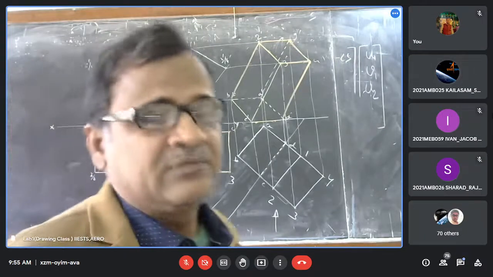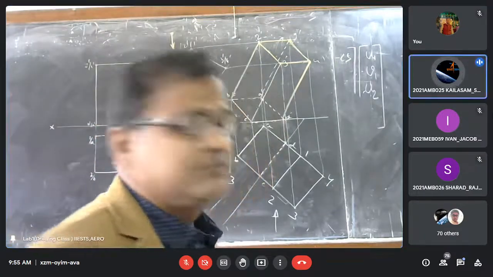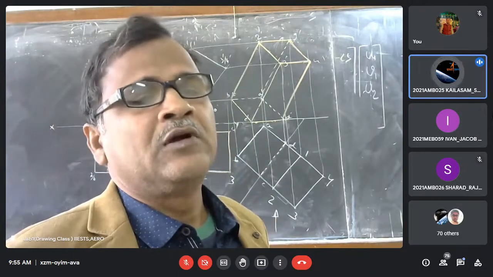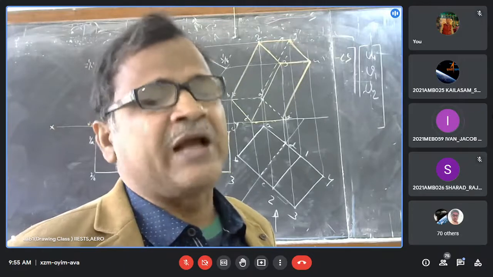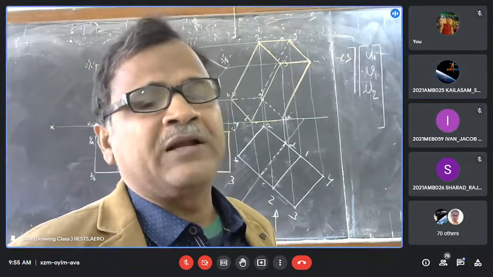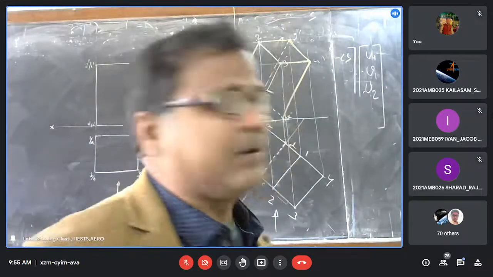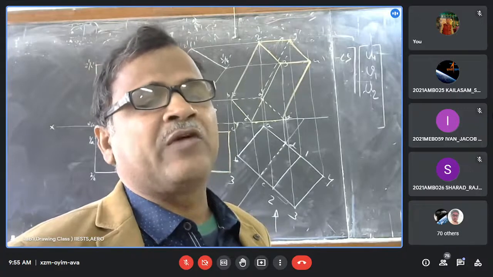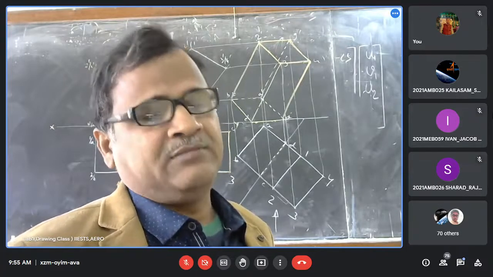Resting on the horizontal plane with one of its edges or sides, not perpendicular, in such a way that the edge is making 45 degrees with the vertical plane.